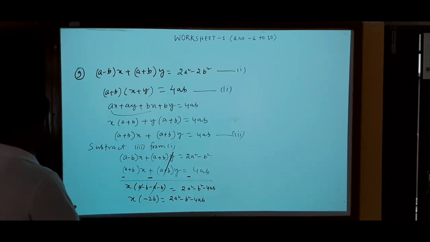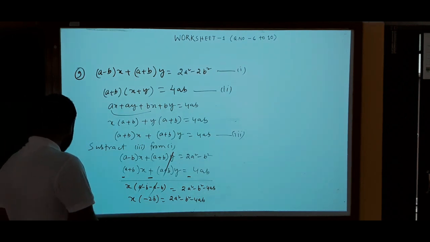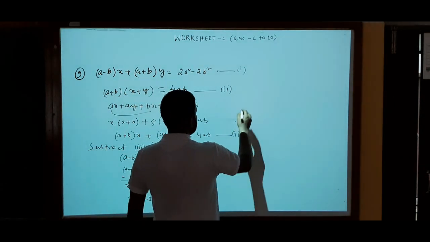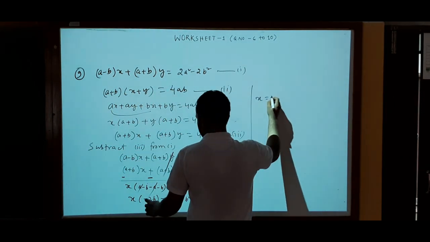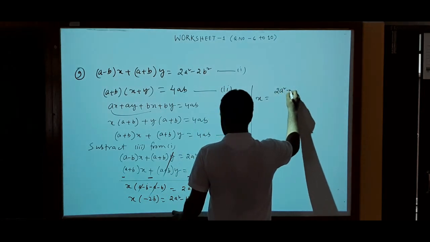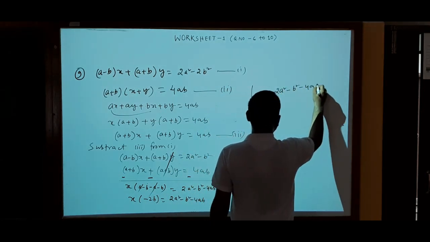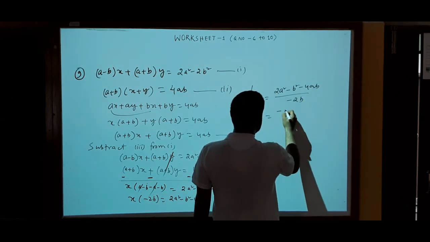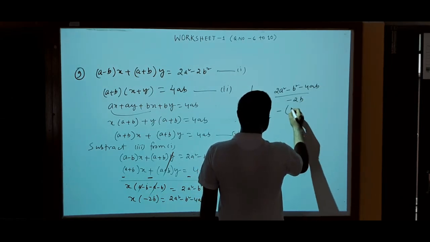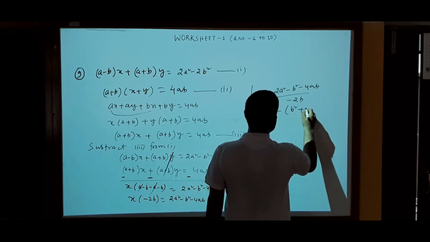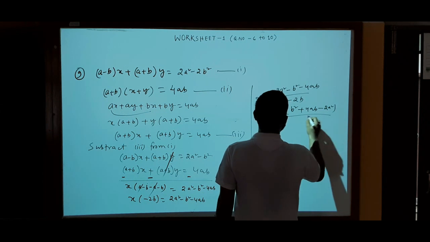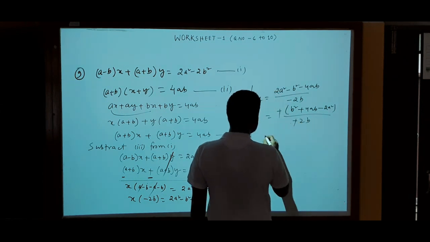So x equal to this entire term divided by 2b, right? So write x equal to 2a square minus b square minus 4ab upon minus 2b. We will take minus common here. So b square plus 4ab minus 2a square upon minus 2b.